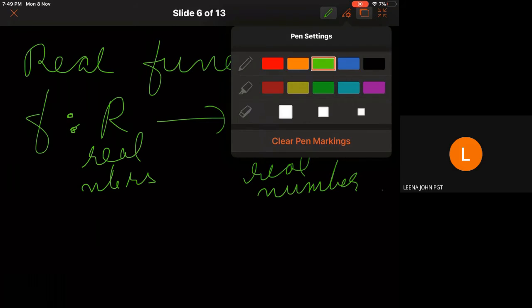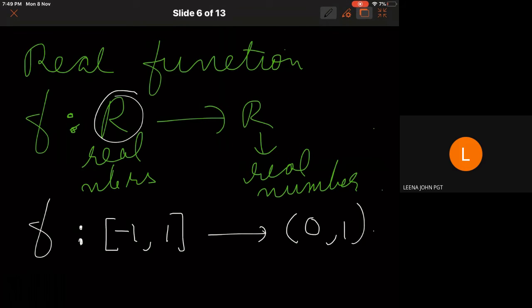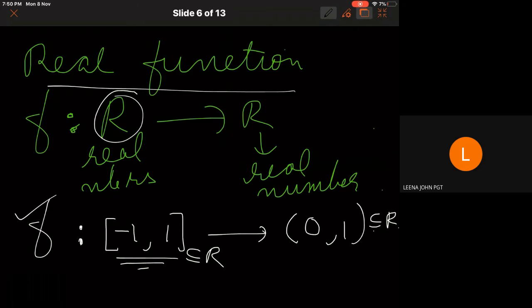It can also be a subset of real numbers. Suppose f is defined from closed interval -1, 1 to the open interval 0, 1. You can see that closed interval -1, 1 is a subset of R. And this is also a subset of R. So this type of functions are also known as real functions.